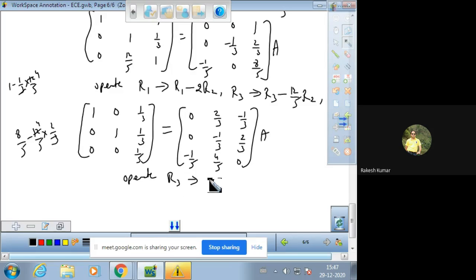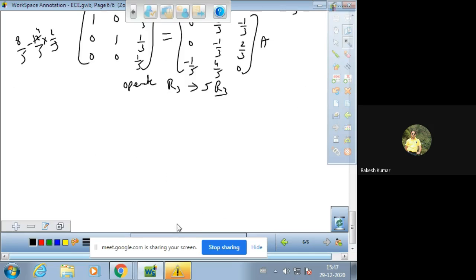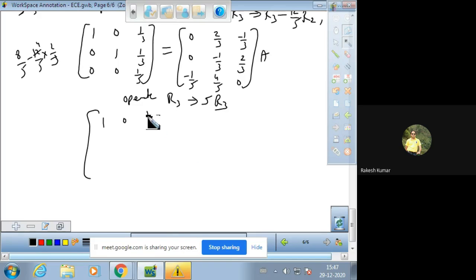R3 will be multiplied with 5 here. And when you multiply with the 5, you will get 1, 0, 1 by 3. This is 0, 1, 1 by 3. This is 0, 0, 1. Just to make diagonal element 1.